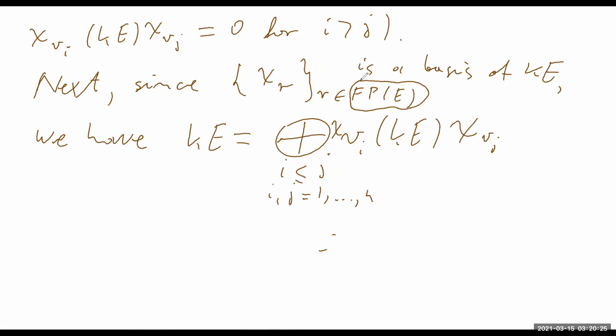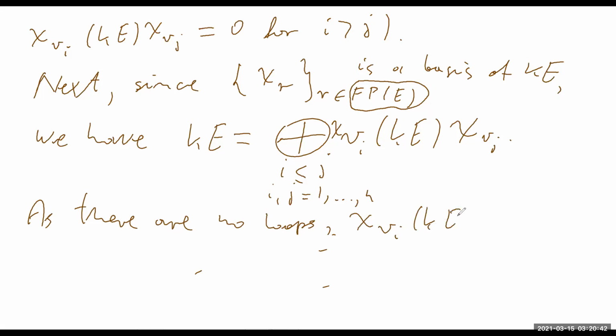And right, we already said it, but it's worth writing it down. But as there are no loops, we know that the sandwich chi vi ke chi vi is just equal to k chi vi.